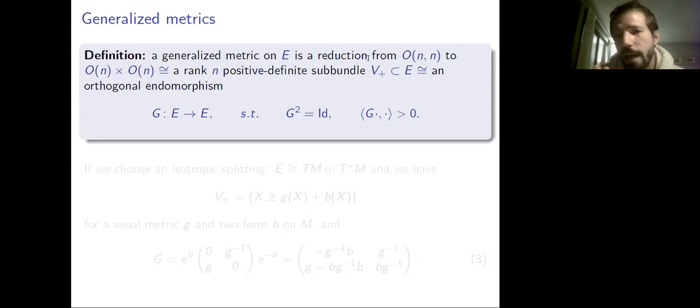So the idea now is to try to define generalized Ricci flow as a natural flow on the space of generalized metrics.